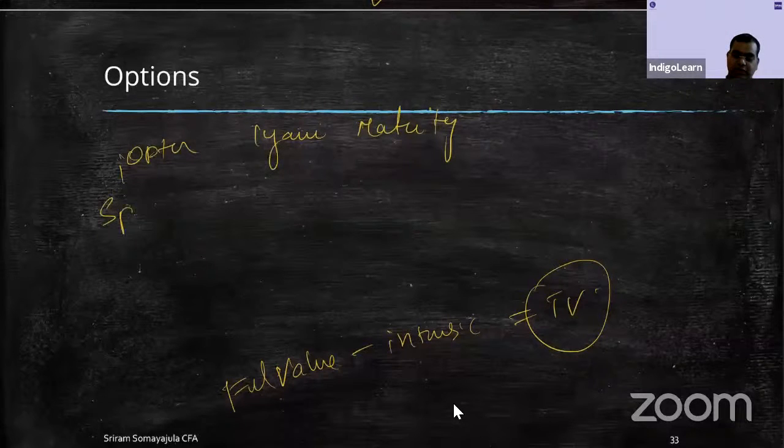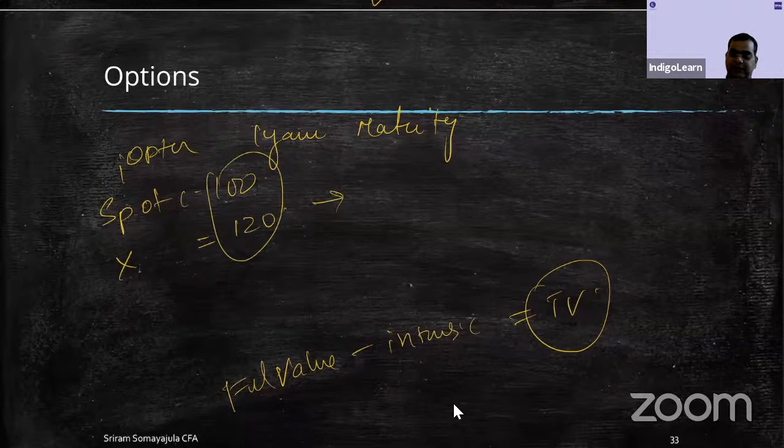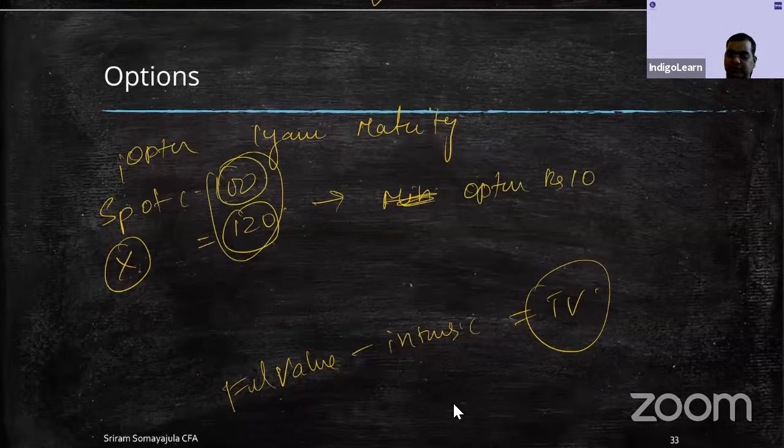Current spot is 100. The exercise price is 120. For an option like this, I have a right to buy at 120 when the spot is 100. Let us say this particular option has a value of, say, 10 rupees.